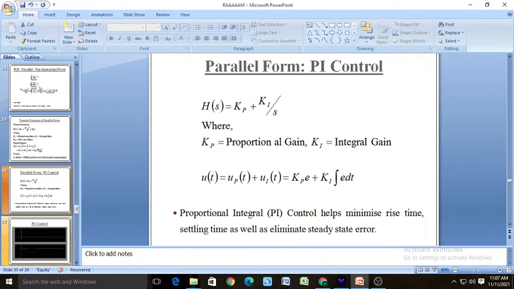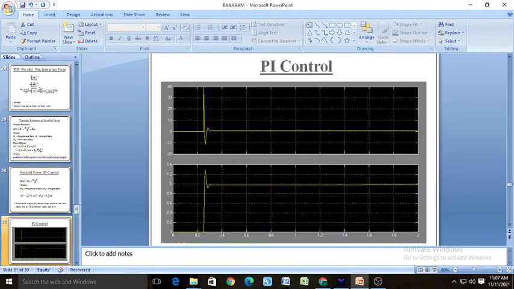If the error is not 0, then the integral term increases or decreases depending on the positive or negative value of the error. Here you can see the positive value of error at this point, so this overshoot is reduced.